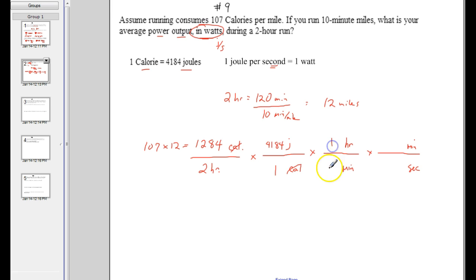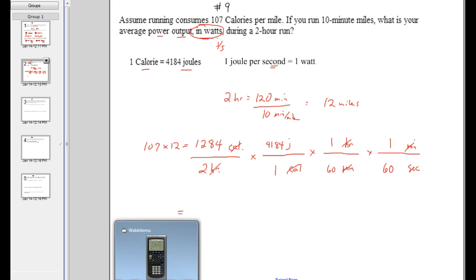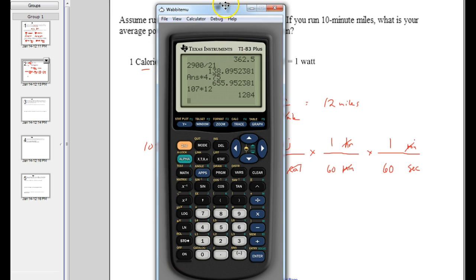Okay, so 1 hour is 60 minutes. 1 minute is 60 seconds. Hours cancel. Minutes cancel. And now you look, everything that canceled, the only units left are joules per second. So when we do all this multiplication, our answer will be in joules per second, which is a watt.